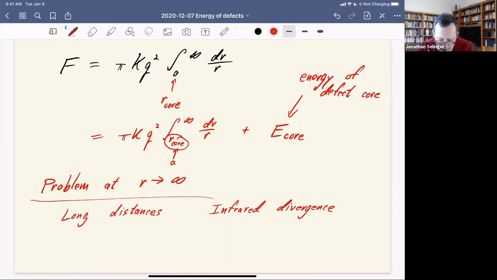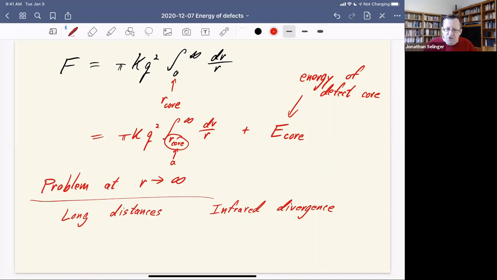So in liquid crystal science or anywhere in condensed matter physics, when you have an infrared divergence, it's not an issue of applying the theory where it doesn't work, because the theory really does work at long distances. Rather, the distortion is happening very far from the defect core.